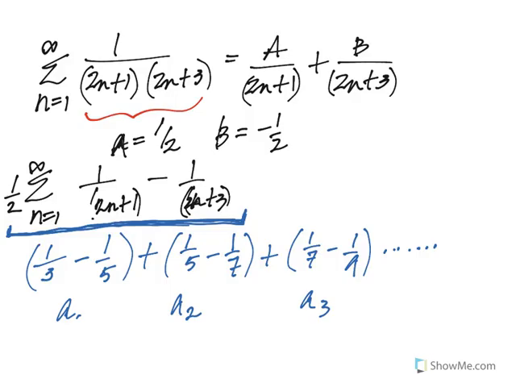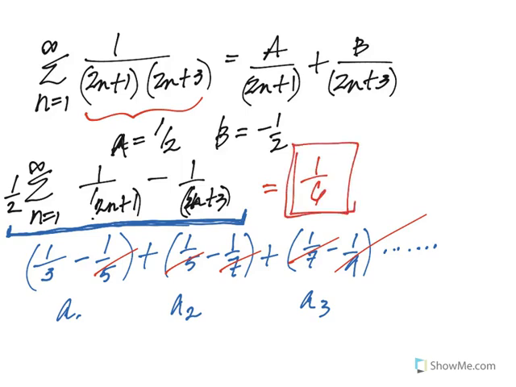Once you've seen enough of a pattern to determine what the cancellations are, you can start canceling them out. This converges to 1/3 times 1/2. The infinite sum is 1/6. Don't forget the 1/2 out in front. So again, that infinite series converges.